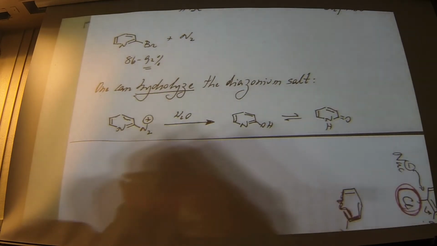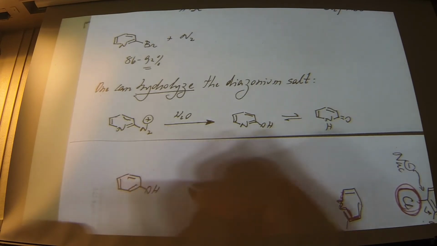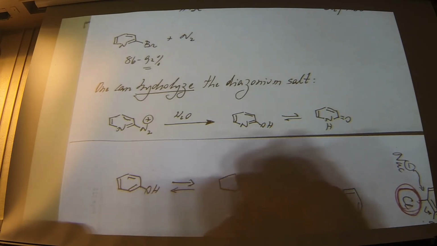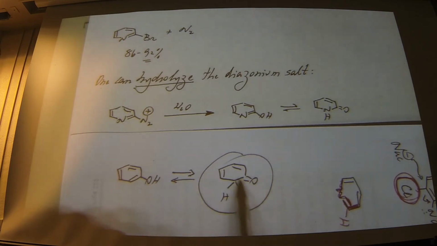Well, think of phenol, and think of a keto form of phenol. Well, you know that this is essentially not there, because phenol doesn't have any double bond character there.